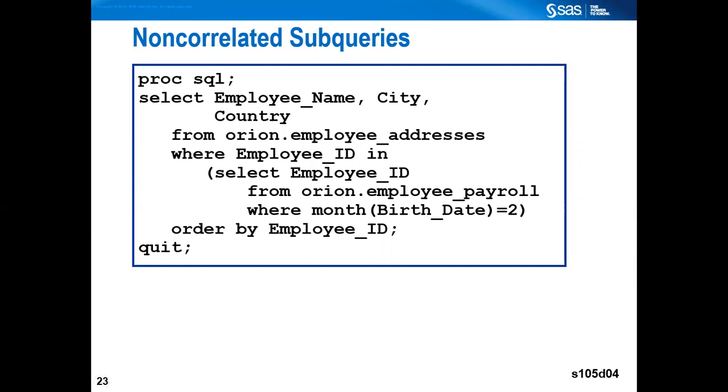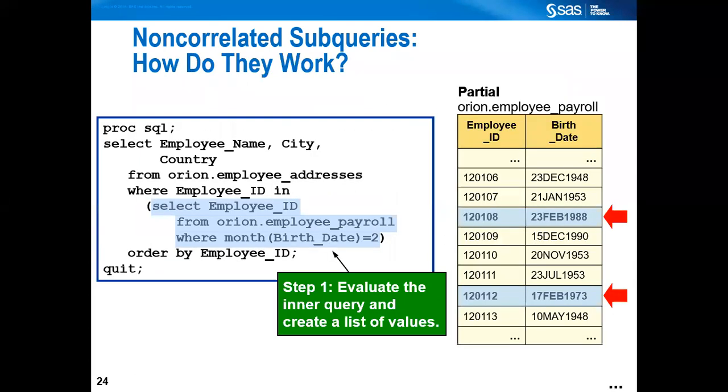See, your address becomes your outer query, and payroll is your inner query, where it is subsetting all the birth dates in the month of February. And this will return multiple IDs which will pass on to your outer query. So the outer query depends on the inner query. It is a correlated subquery. Correct?